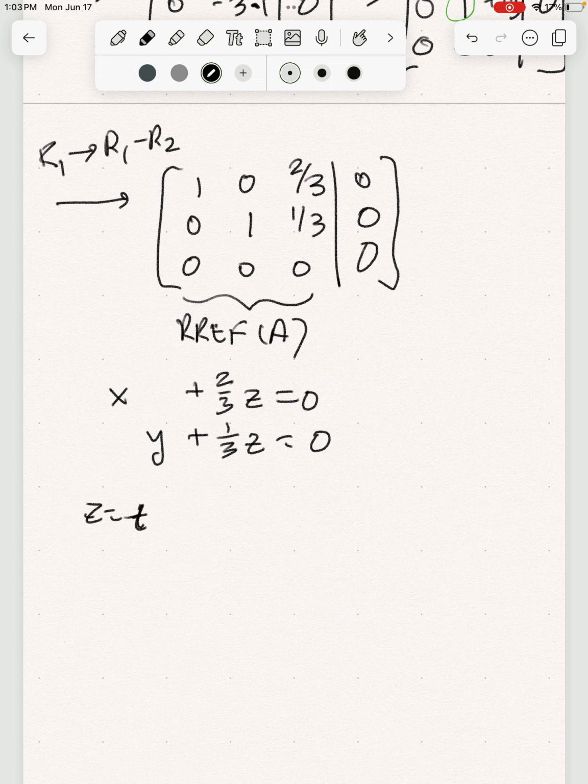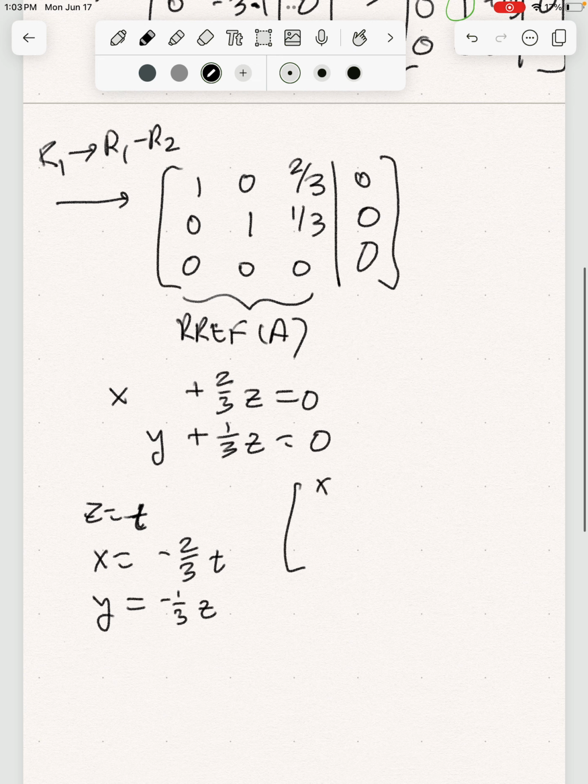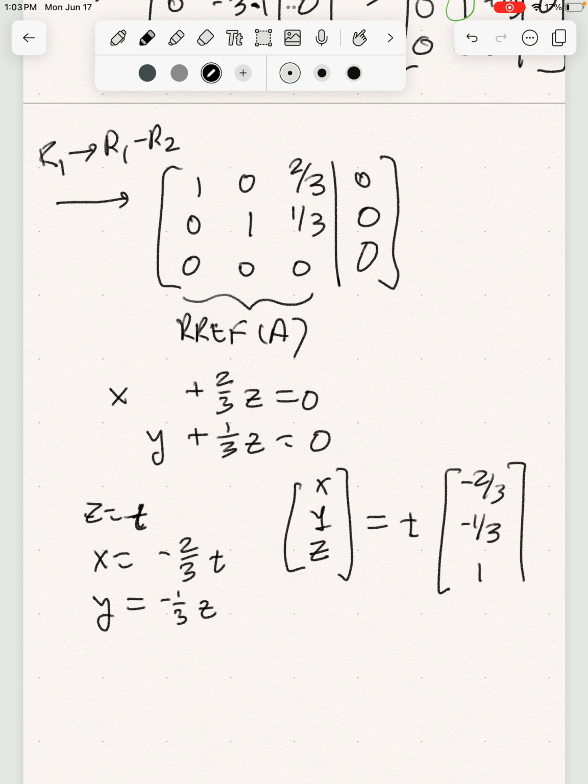And then when you solve for x, you get -2/3 t, and when you solve for y, you get -1/3 t. So the parametric form of the solution to the homogeneous equation, this (x, y, z), is t times (-2/3, -1/3, 1).